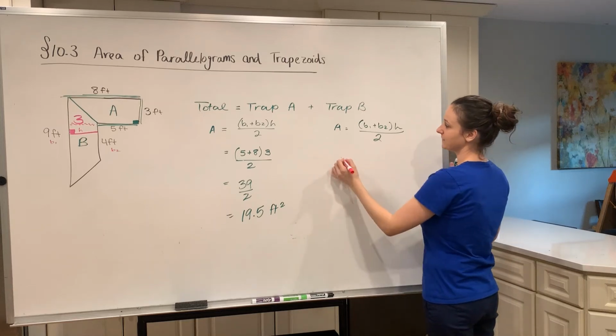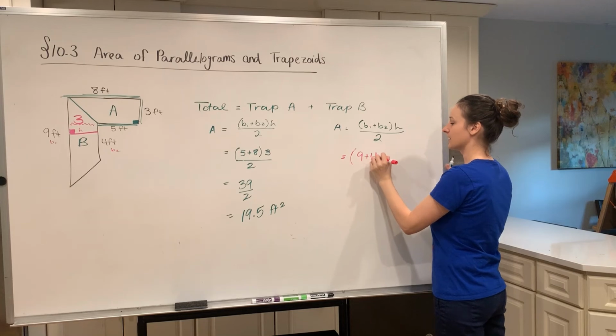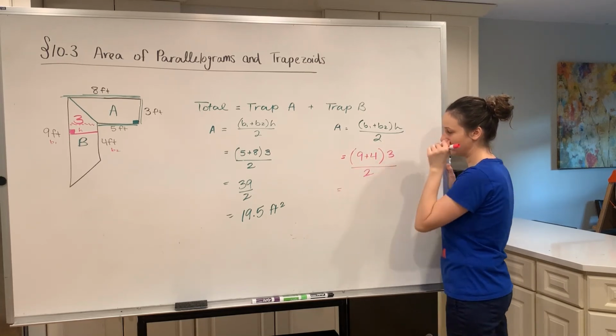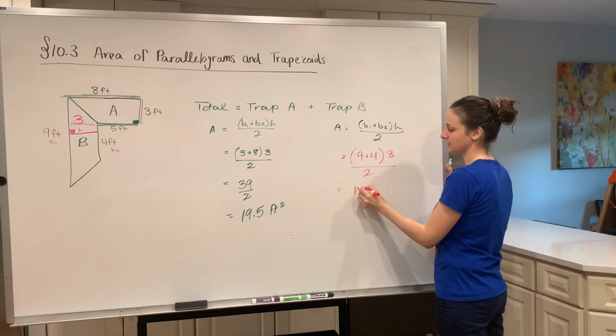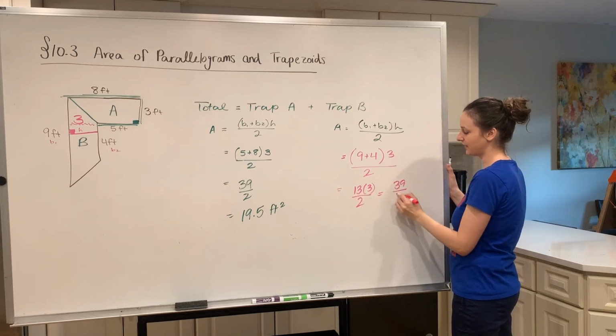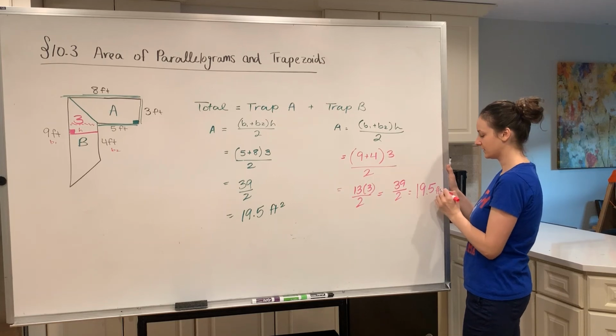Let's plug in these values now. I said my bases were 9 plus 4, multiplied by the height of 3, then divided by 2. 9 plus 4 is 13, multiplied by 3, divided by 2. Okay. 13 times 3 is 39, divided by 2, which again we came up with 19.5 feet squared.